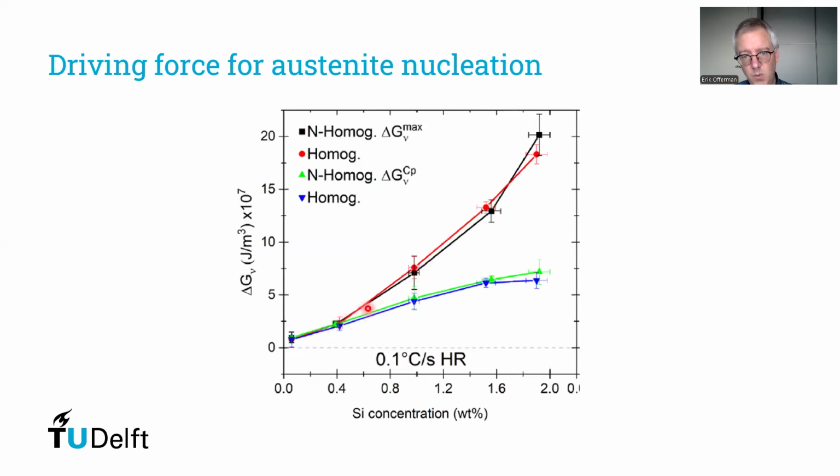So the driving force for the nucleation increases accordingly. So for the higher silicon containing alloys, the driving force for the austenite nucleation is higher here.